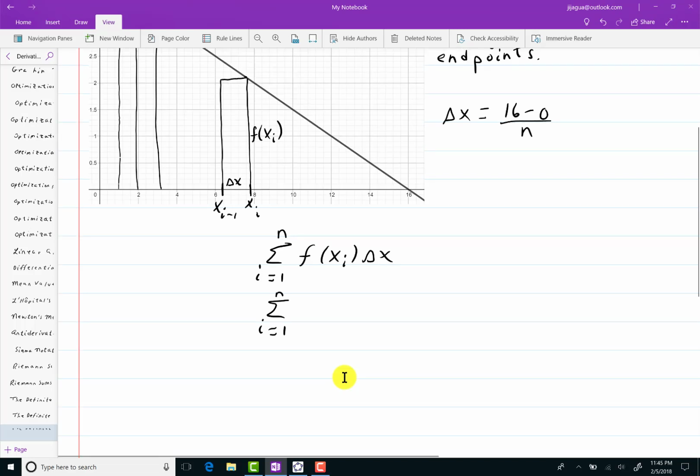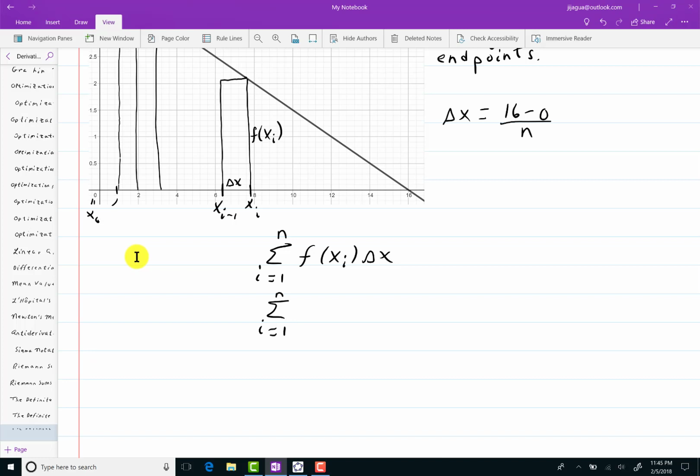Well, if you look at them, the very first one at 0 is considered x0, then this is considered x1, and this is considered x2, considered x3. So whatever you have for each of these, you start at 0, then you add a delta. Then you add a second delta to get to x2, then a third delta to get to x3.